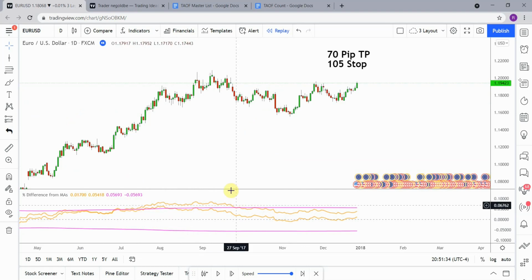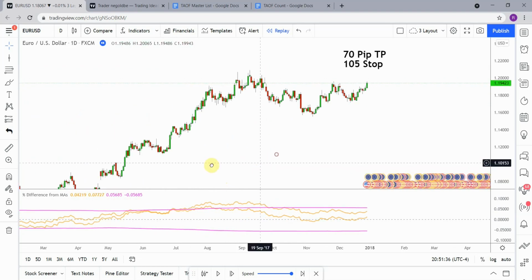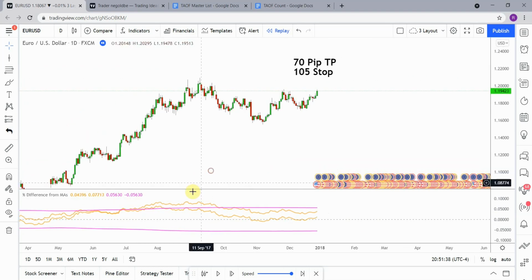They are in orange. And so what we are going to look for is at least one of the moving average lines, the orange lines, to break above or below one of the purple lines. Now, I don't want to get in the habit of calling these moving average lines because they technically are not moving averages.